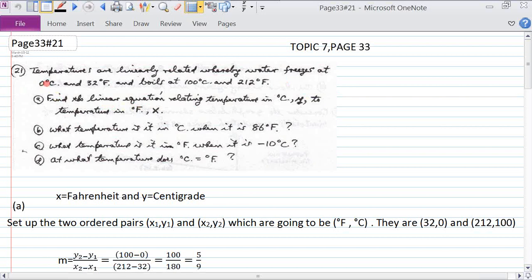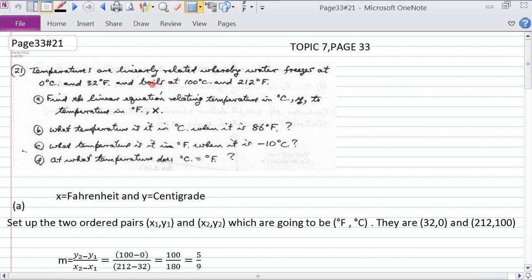We're told that the freezing point of water is 0 degrees centigrade, and that is the same as 32 on the Fahrenheit scale. So this represents an x value here, because we're going to make the x the Fahrenheit and the y the centigrade. So this represents one ordered pair, 32, 0.